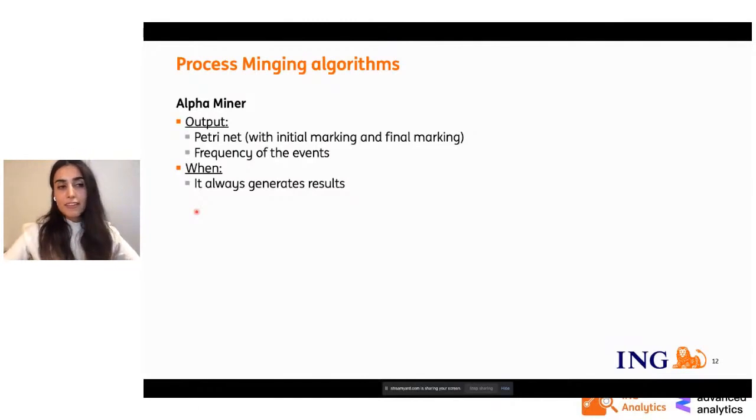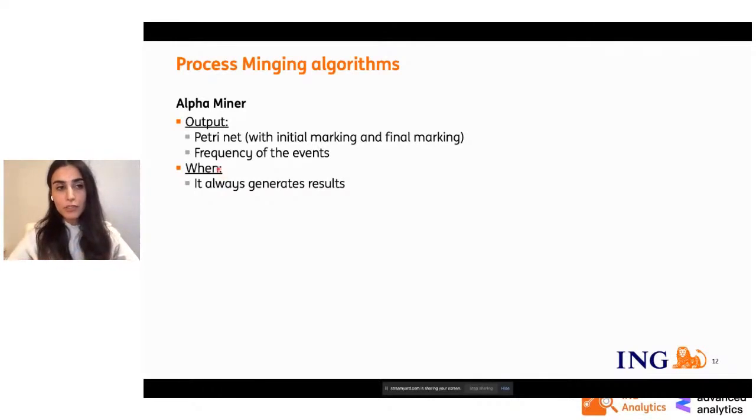In this field, most of these algorithms are basically called miners. So alpha miner, which is one of the oldest miners, and more or less all of them take log files, which have the specific qualities specified, these three pillars that I already mentioned in the previous slide, as an input.